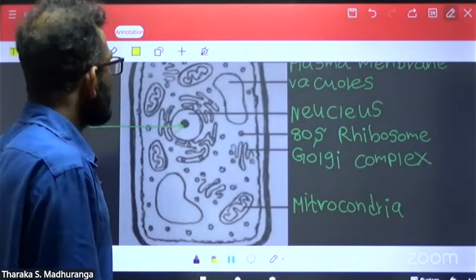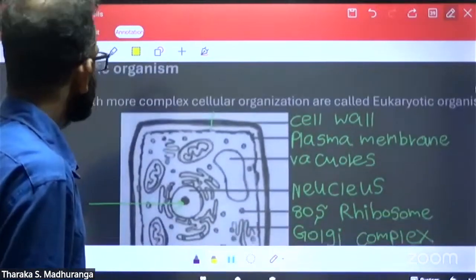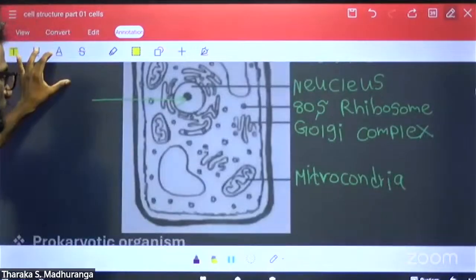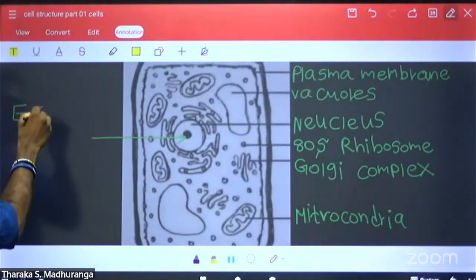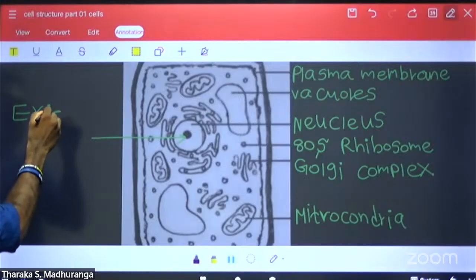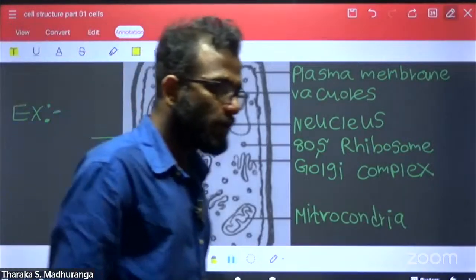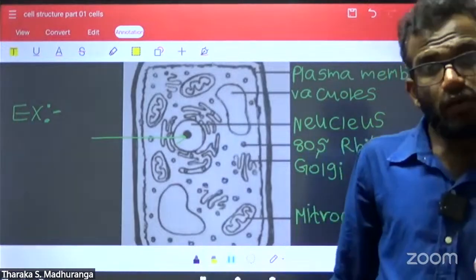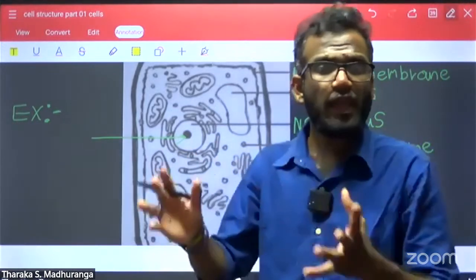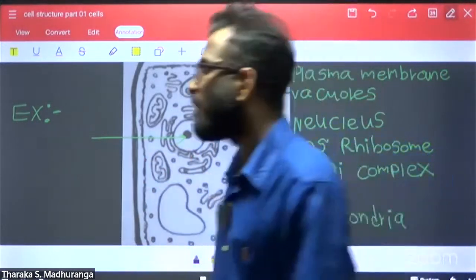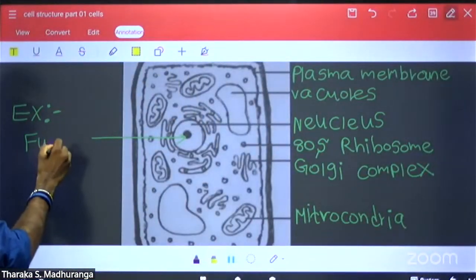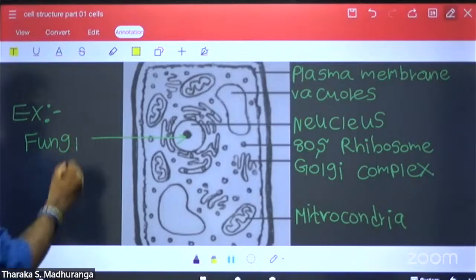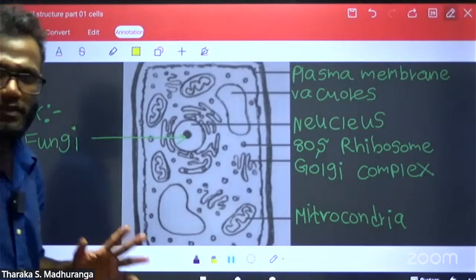Now, what are the examples of eukaryotic organisms? Remember, eukaryotic organism examples are important. Bacteria are prokaryotic organisms, but fungi, also microorganisms, have a complex cell structure, therefore fungi have a eukaryotic cell structure. Protozoa also have a eukaryotic cell structure.